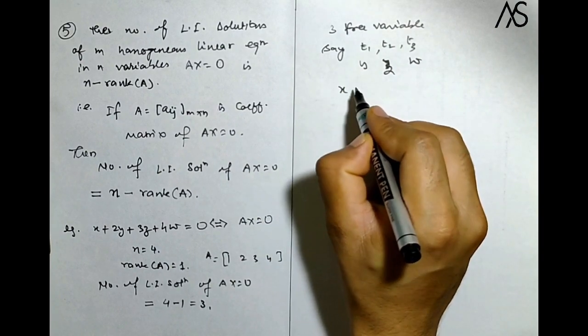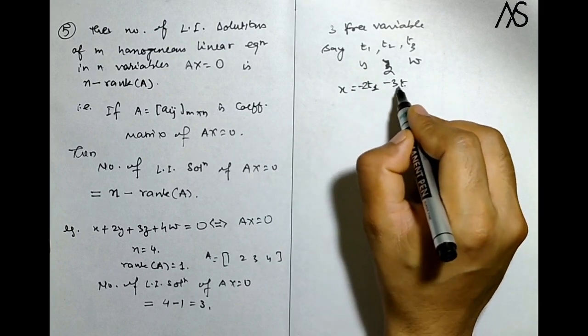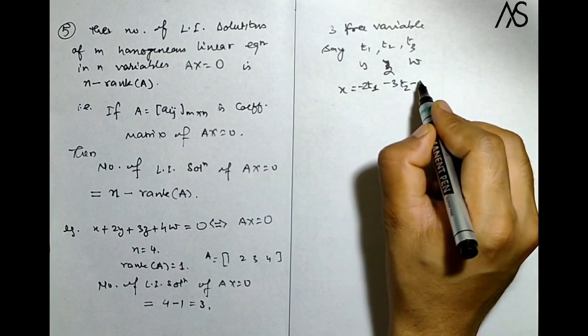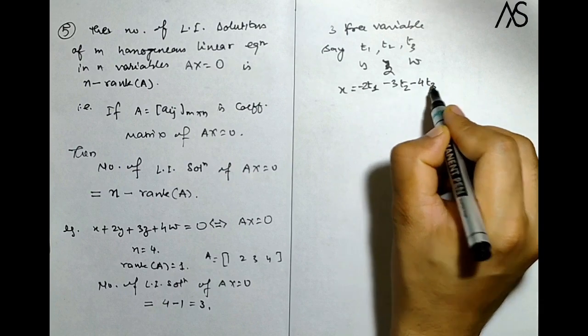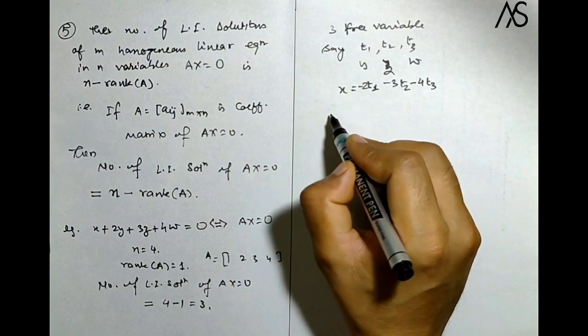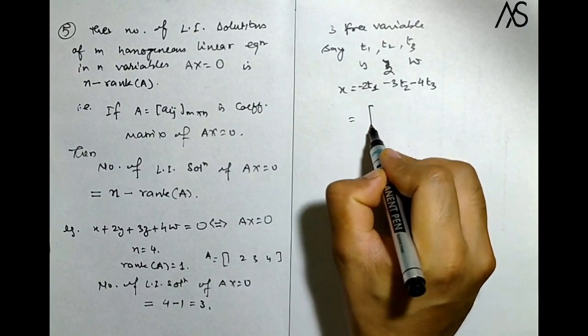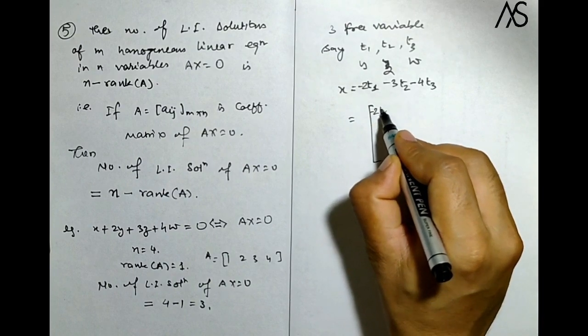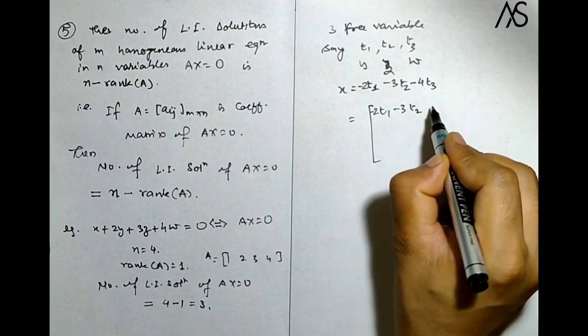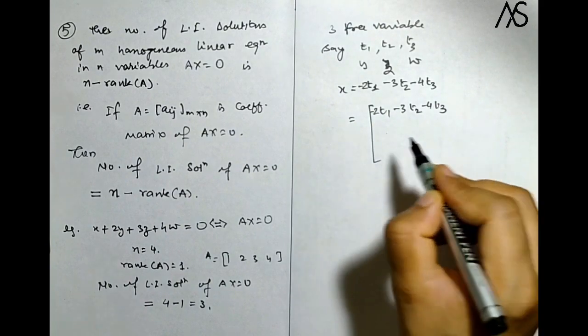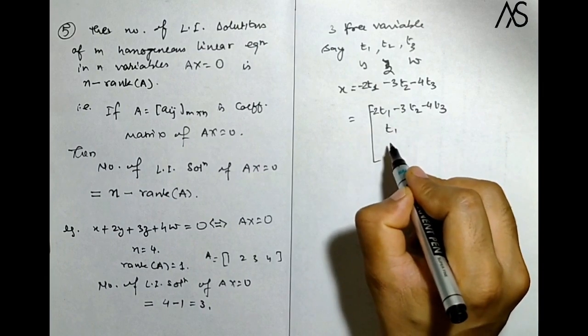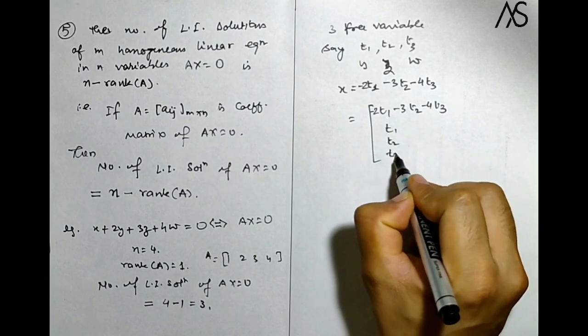So the x will be minus 2 t1, minus 3 t2 and minus 4 t3. So our solution should be what? Minus 2 t1, minus 3 t2, minus 4 t3 and then t1, t2, t3.